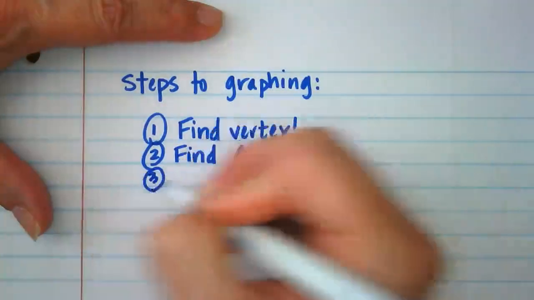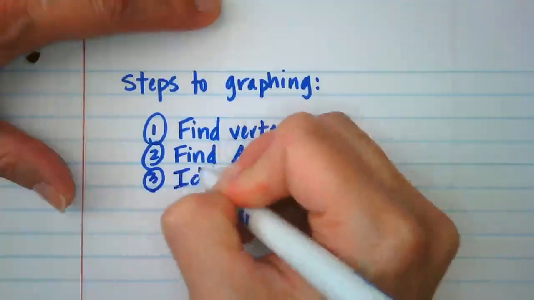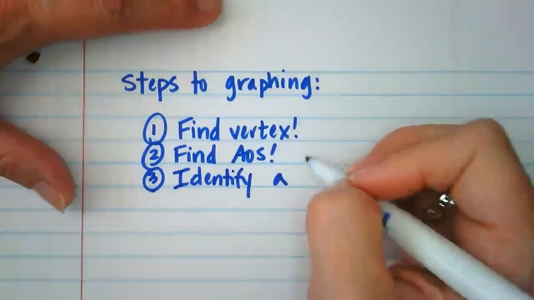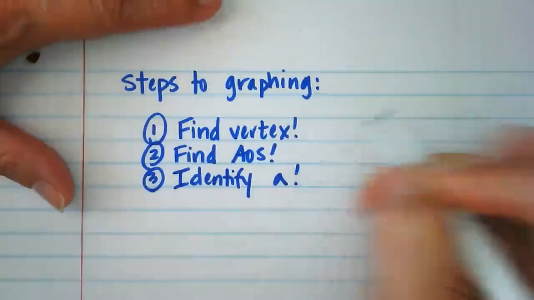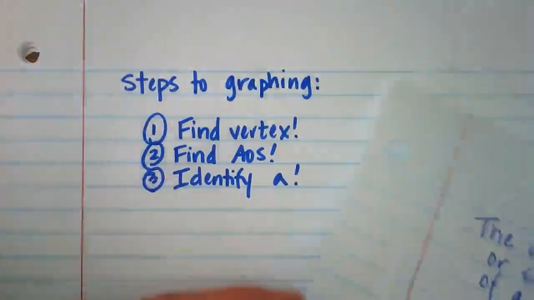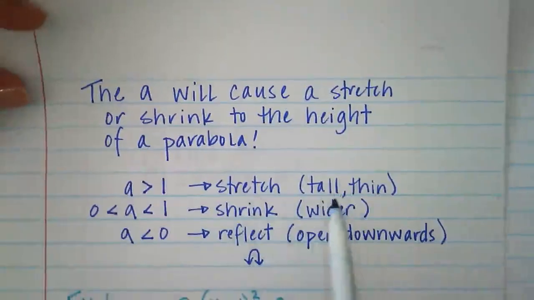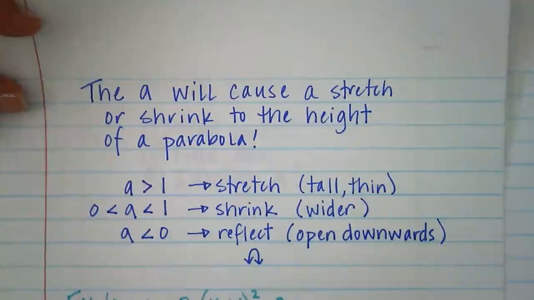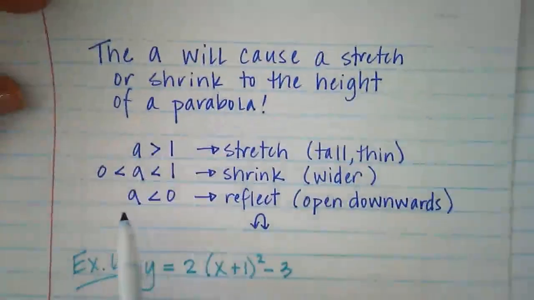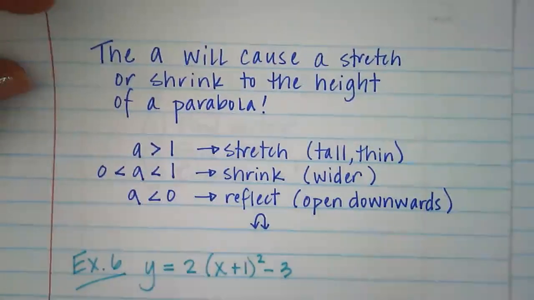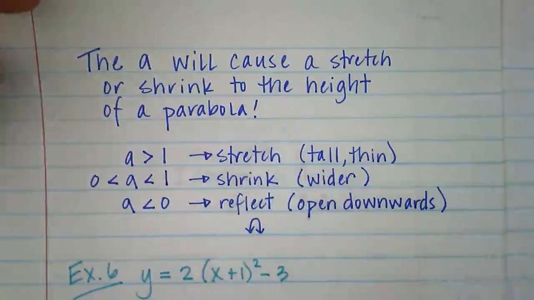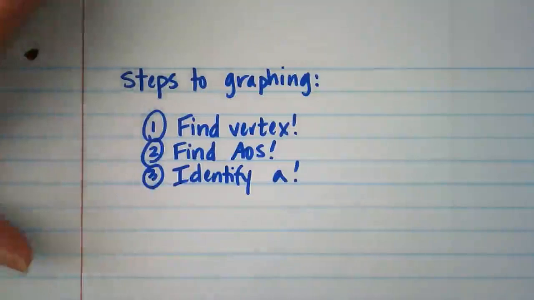All right. Now, the next thing is to identify the a. Now, the deal is that we mentioned this just a few minutes ago, that depending on what your a is, if it's bigger than 1, it's going to stretch and be taller and thinner. If it's between 0 and 1, it's going to shrink and be wider. If it's less than 0, which means it's negative, it's going to reflect, and it might reflect and stretch, or reflect and shrink. So it could be both of those things.